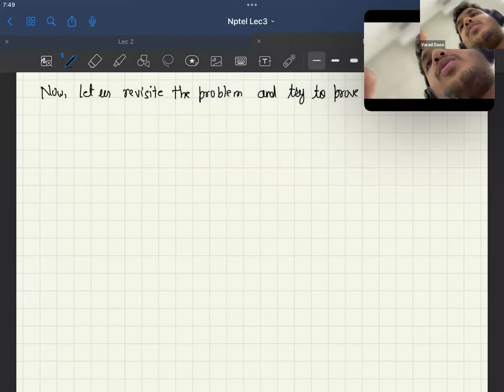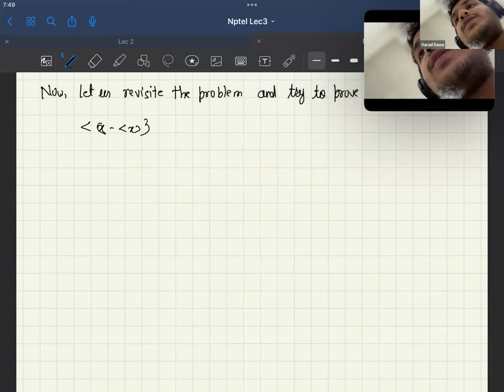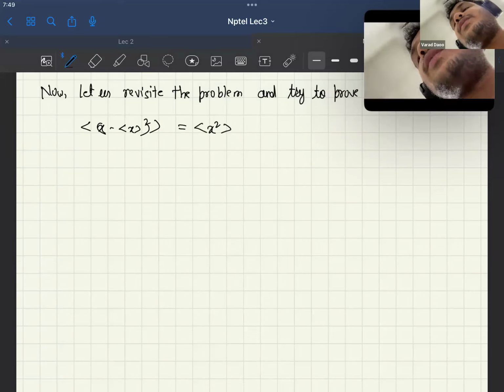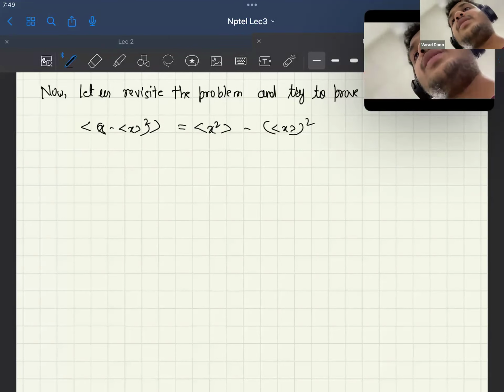Right? So what was the problem? The problem was this, average of x minus x average square average is nothing but equals to square of average of the square of x minus average square. Okay.